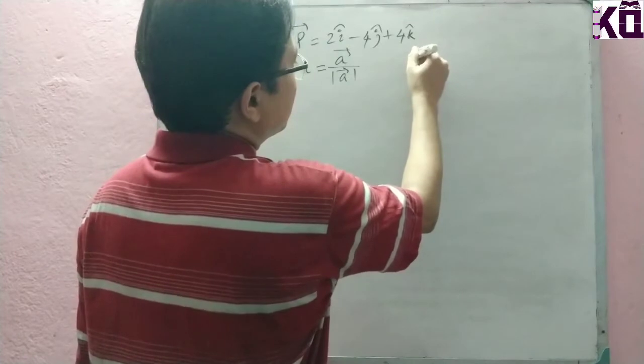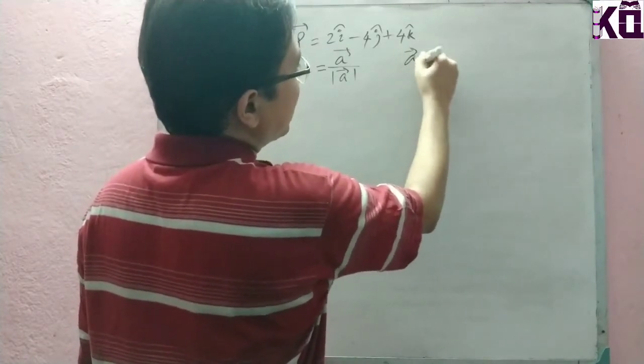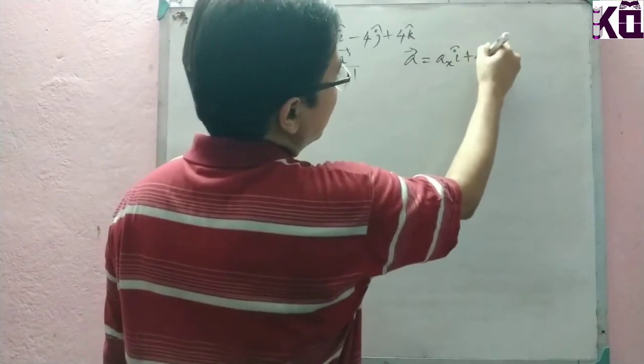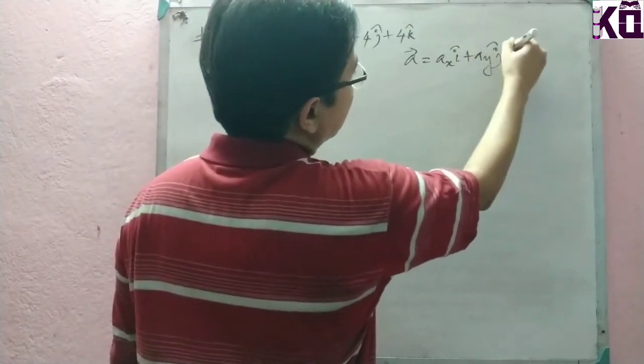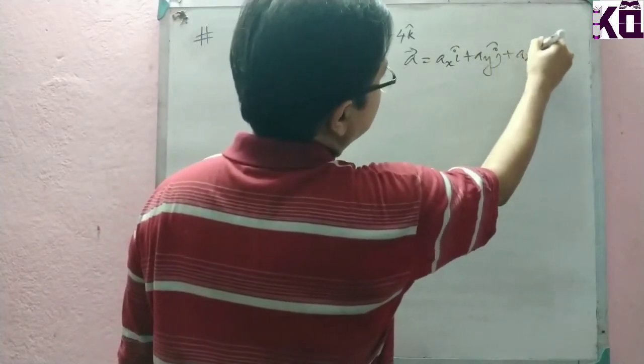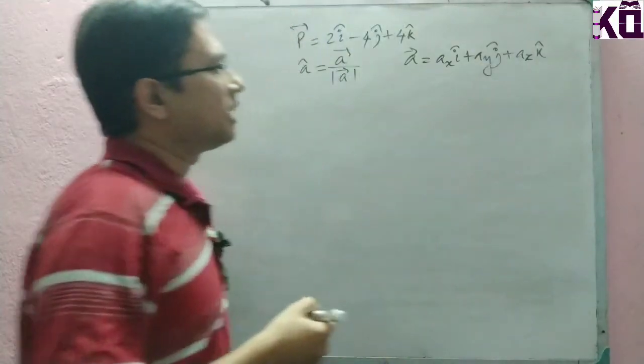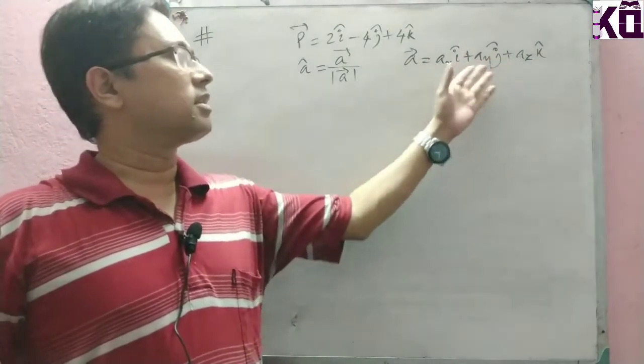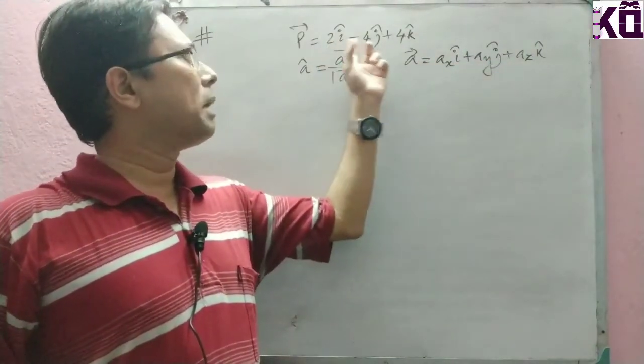Say there is one vector A, like this, AXi, AYj, and AZk, where AX, AY, AZ are nothing else but three coefficients, three numbers, like 2, minus 4, 4.